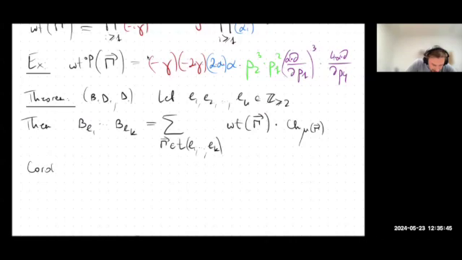Before I give a proof, I will give a sketch of the proof. Let me state an important corollary. First of all, I can define some gradation.